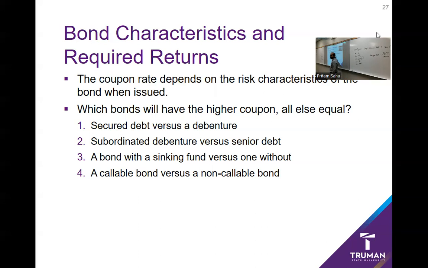Or the issuer, the borrower, should pay more coupon for the debenture. Problem two, what do you think? Subordinated means junior, okay? Which one is more risky? Right, this is more risky, to earn more return.